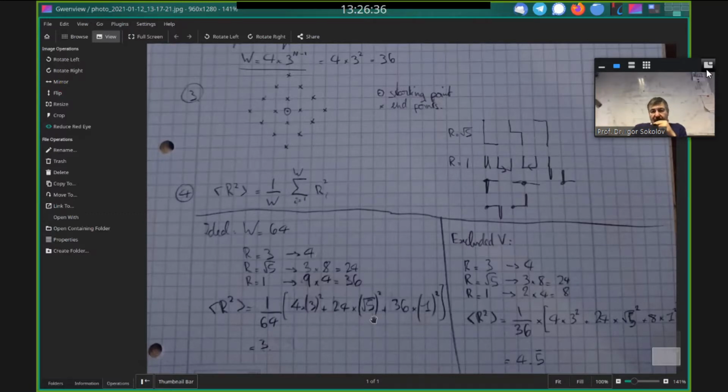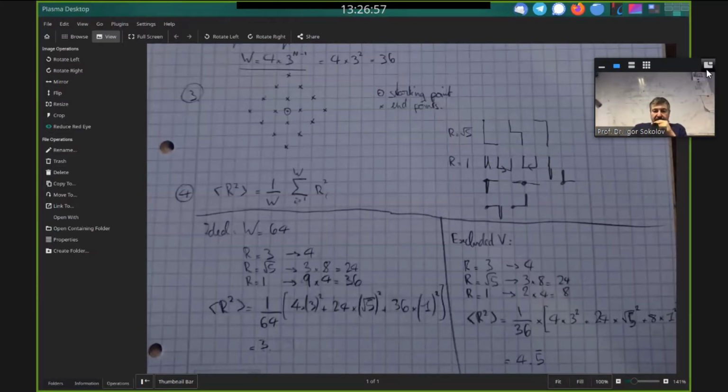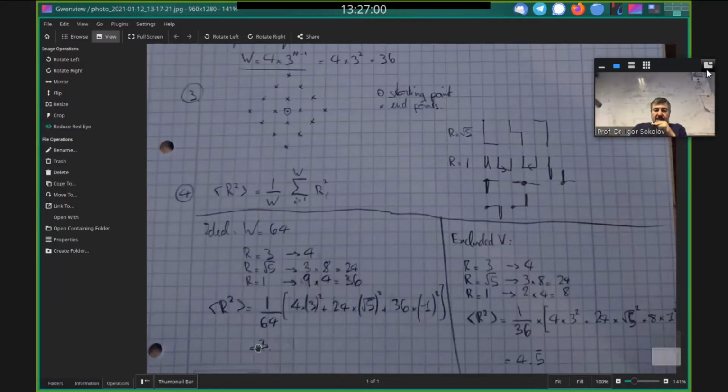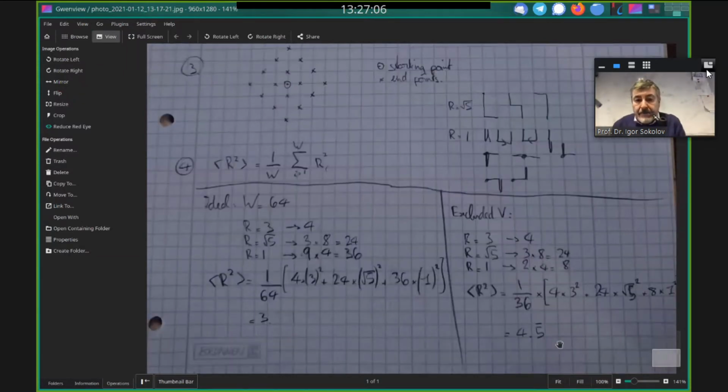So then just multiplying out the number, if you add them all together, you get W as expected, the number of different configurations. Then you just apply the formula, and the mean squared end-to-end distance is 3 for the ideal chain, and for the self-excluding chain, it's 4.5 repeating.